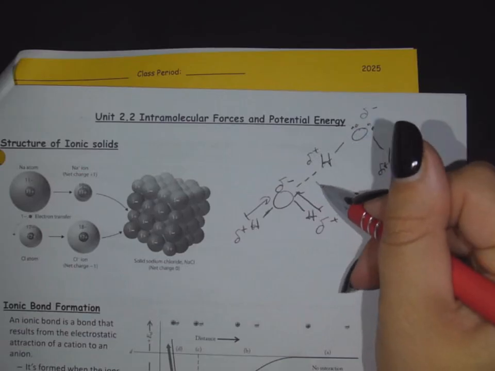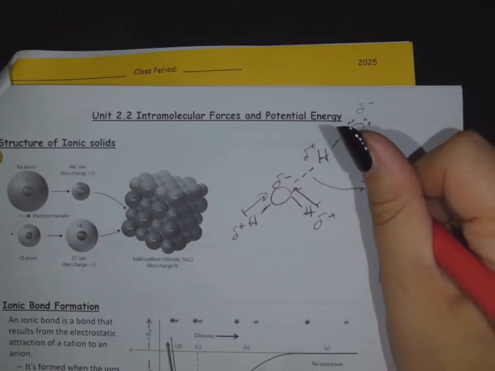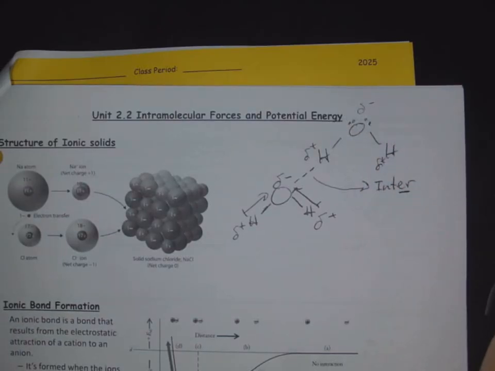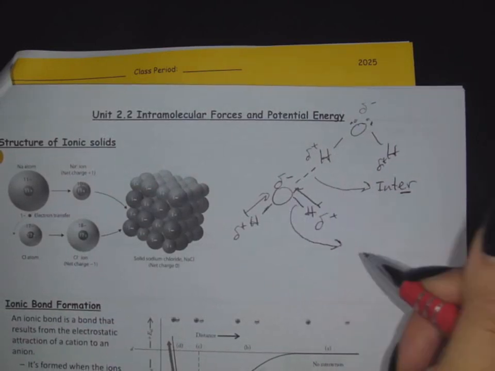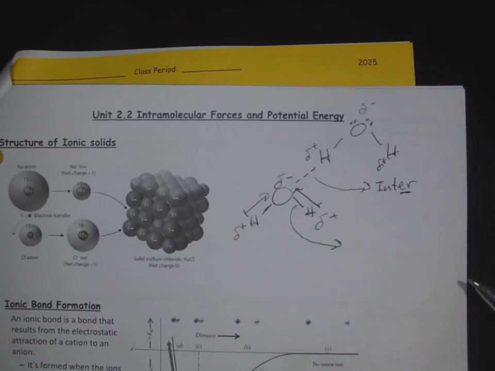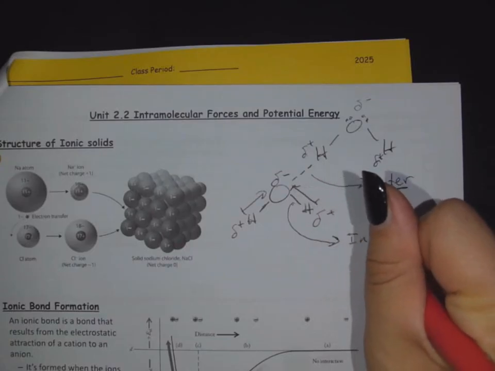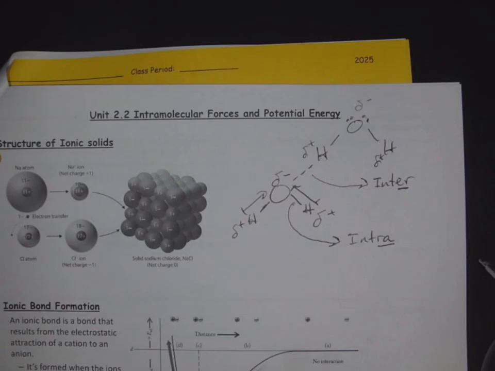When we have attractions between molecules, this is called an intermolecular force. But when we have attractions within molecules, like that polar covalent bond holding those atoms together inside those molecules, that is an intramolecular force.